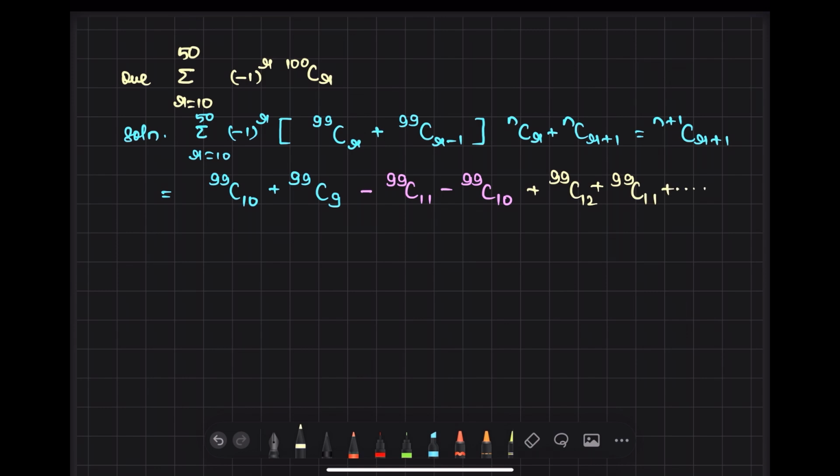Plus dot dot dot, it will keep on going, and then we will be writing 50. So 50 is plus, so we will have 99 C50 plus 99 C49. Correct? We will have this expansion.